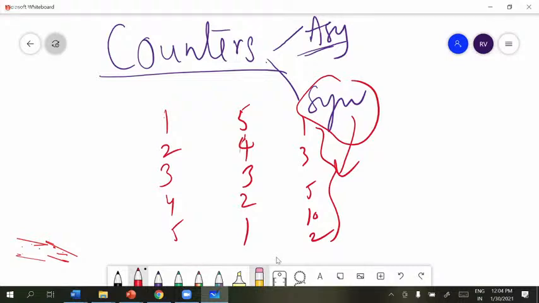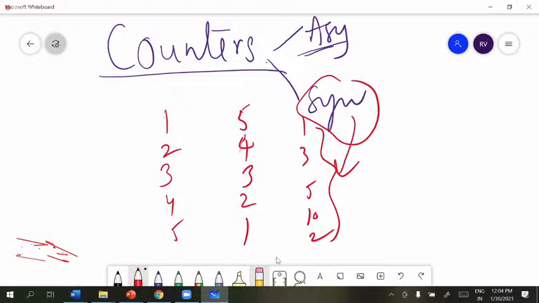Is it a difficult process or a simple process? It's very difficult, no? So by placing this counter there, whenever a product falls on it, it gives one count, so you can count them. No need for a person to stand there and count.